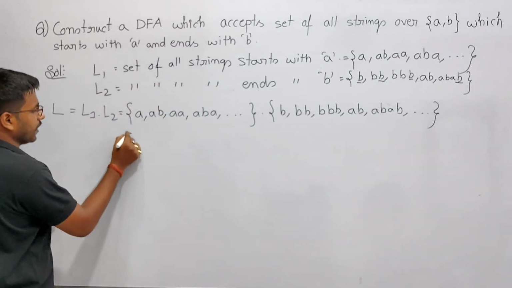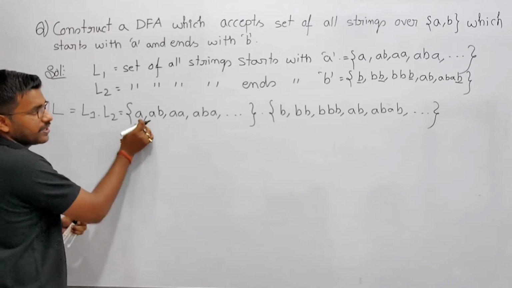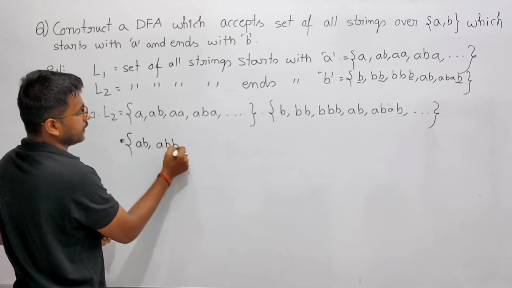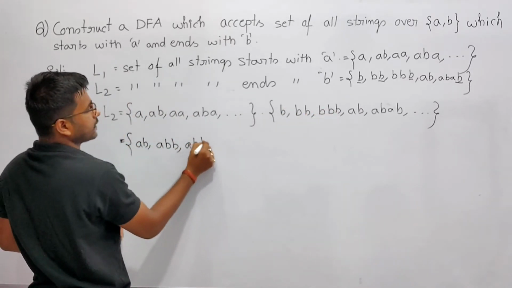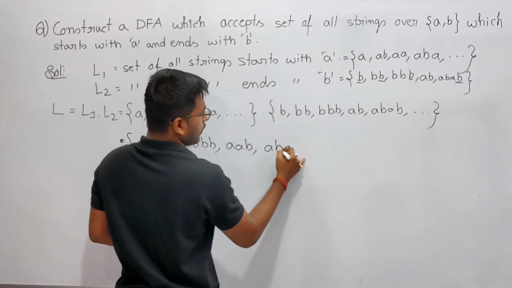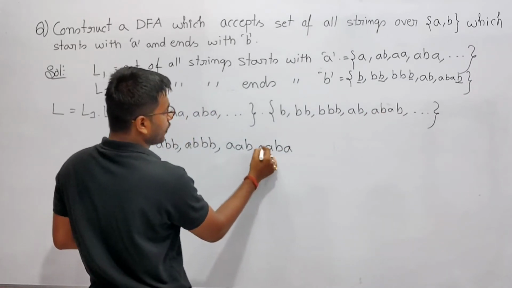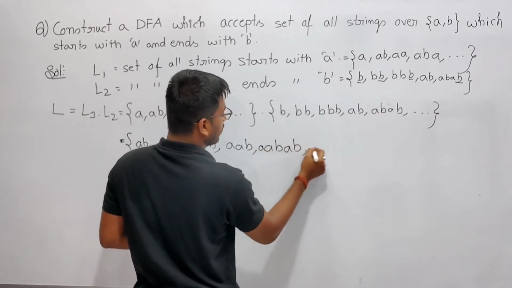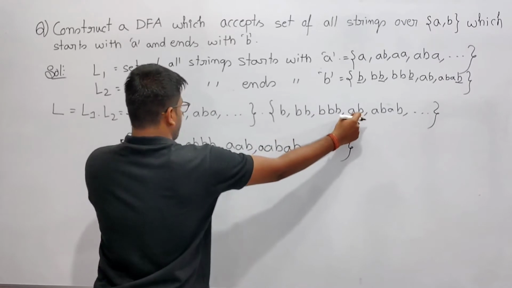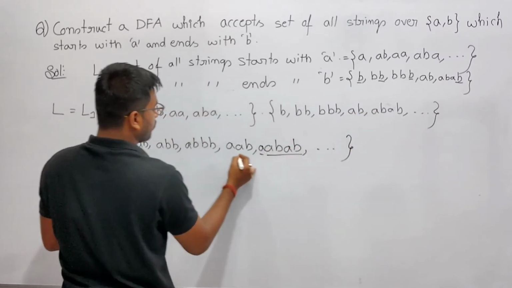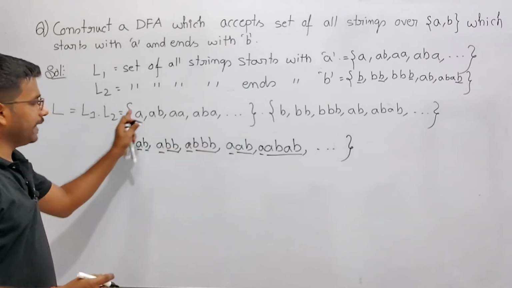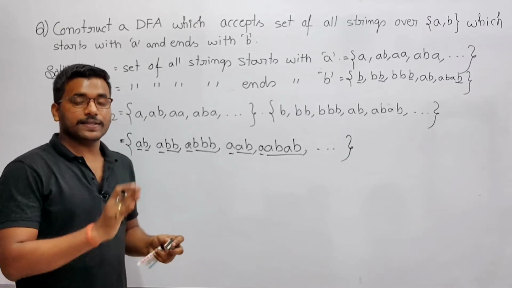So I take a first, then append every string from L2: ab, abb, abbb, then aab, aba. Always you are going to get the set of all strings starting with a and ending with b. This part is from L1 and this part is from L2.